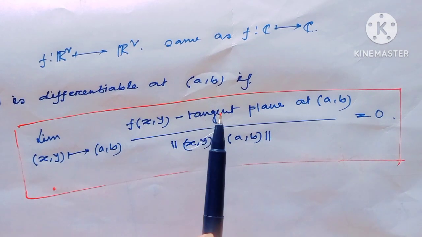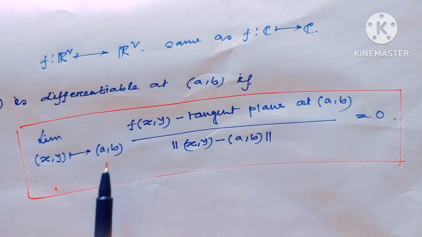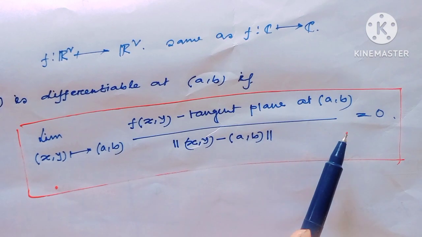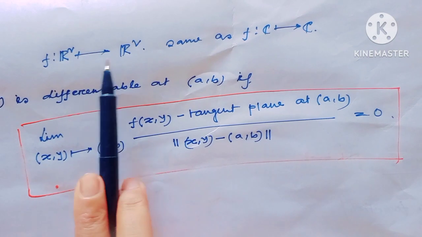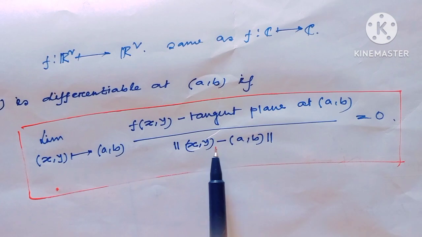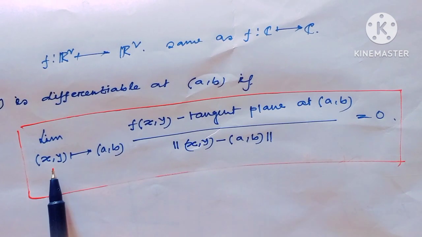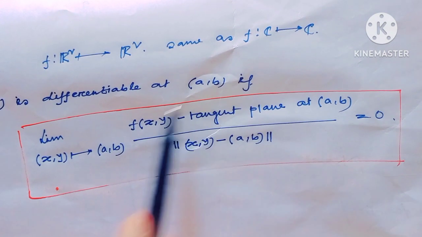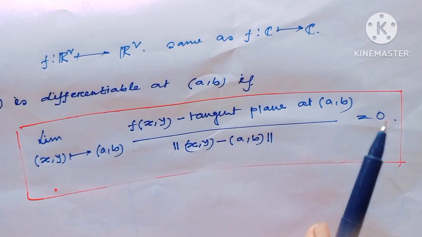f(x,y) is differentiable at a point (a,b) if the limit as (x,y) goes to (a,b) of f(x,y) minus the tangent plane at the point (a,b), divided by the norm of (x,y) minus (a,b), since here it is from R2 to R2, is equal to 0.